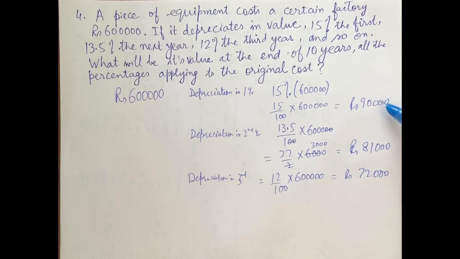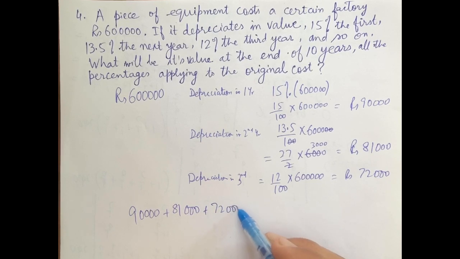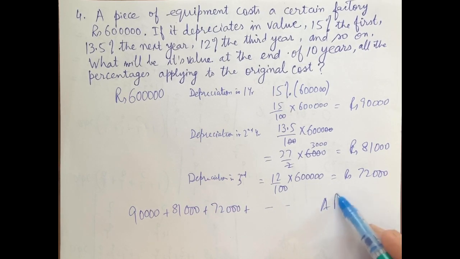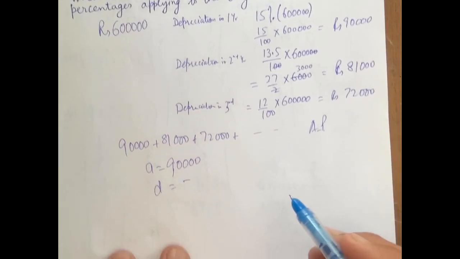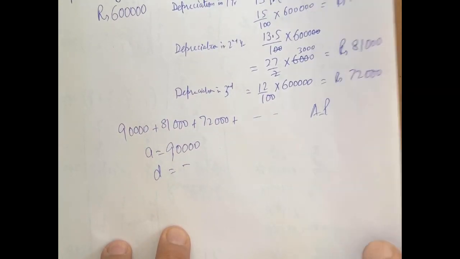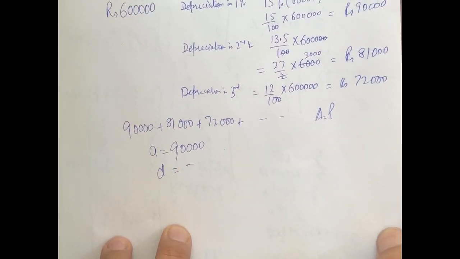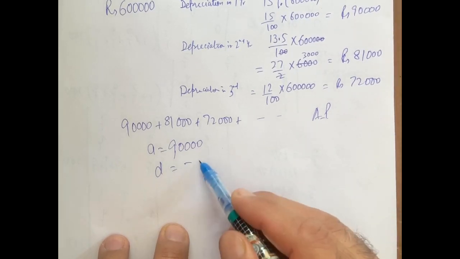So we can see this amount of depreciation, 90,000, then 81,000, 72,000 and so on. This is an AP in which the first term is 90,000 and the common difference is minus 9000.